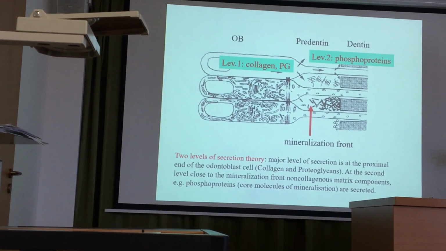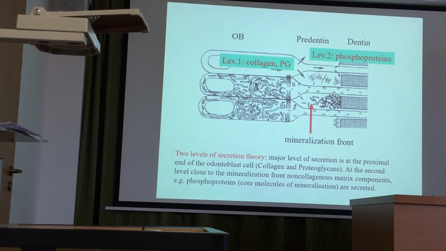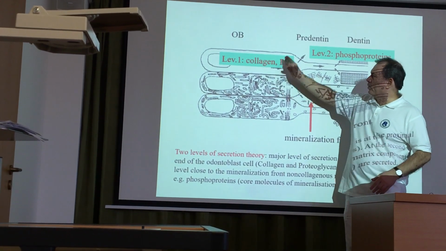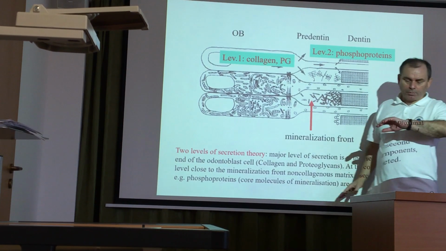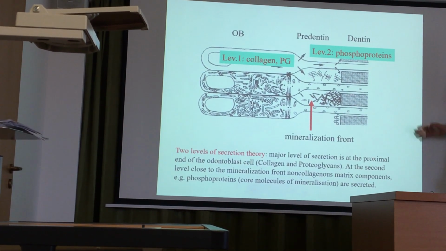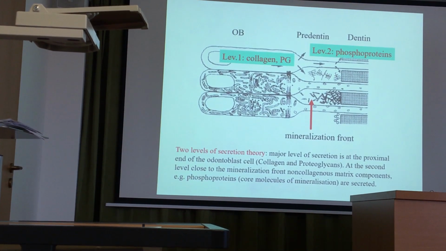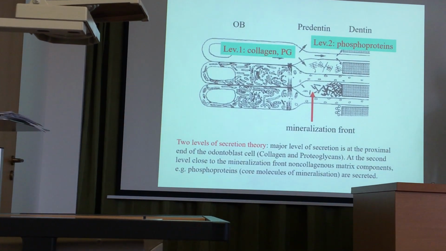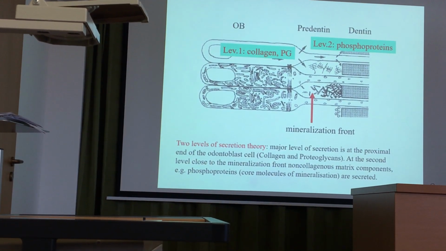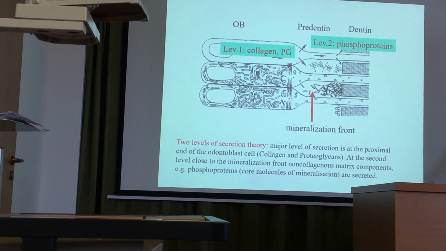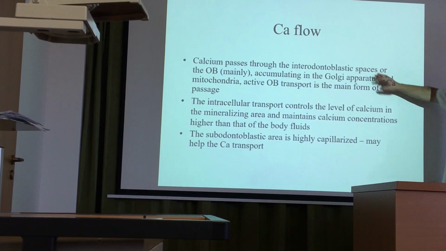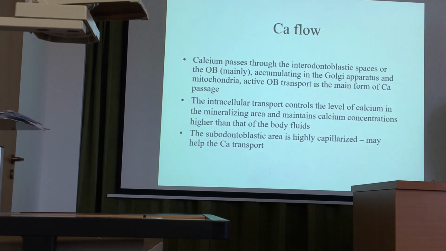So this is a two-phase or two-stage mineralization theory. Near the cell body, collagen and proteoglycans are formed, and away from the cell body, phosphoproteins. As you know, these alkaline molecules are very important for the mineralization.